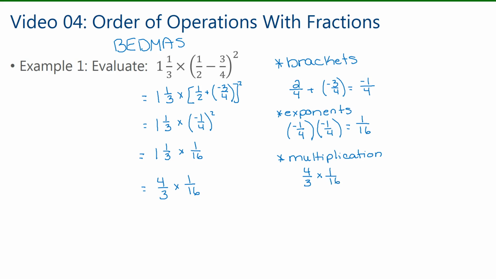I see that 4 and 16 can both be divided by 4. So that leaves me with a 1 here and a 4 here. Now let's multiply. 1 times 1 is 1, and 3 times 4 is 12. So our answer is 1 over 12.